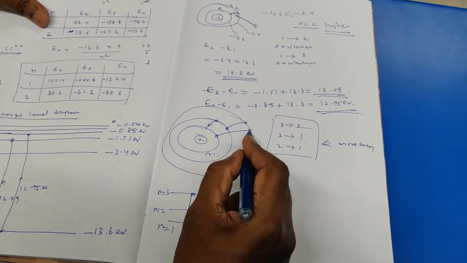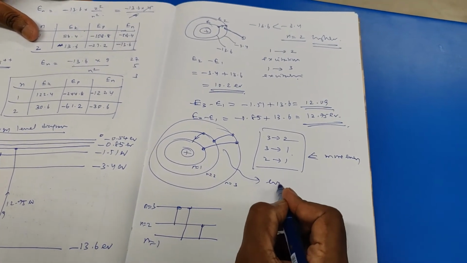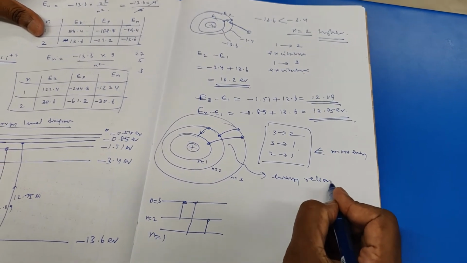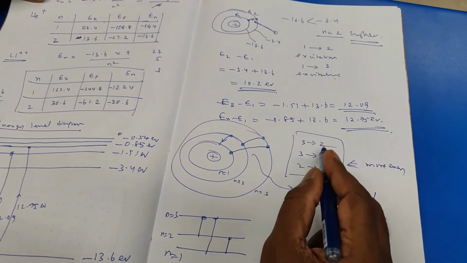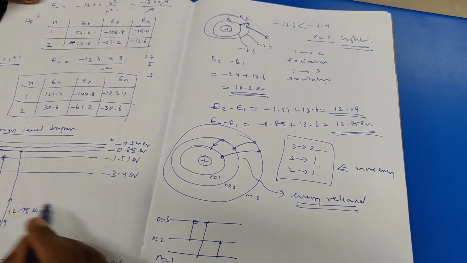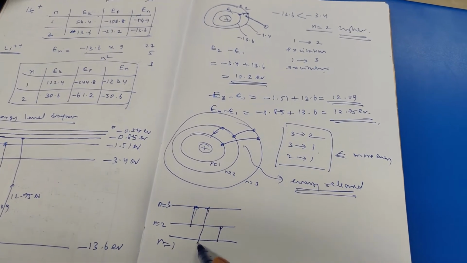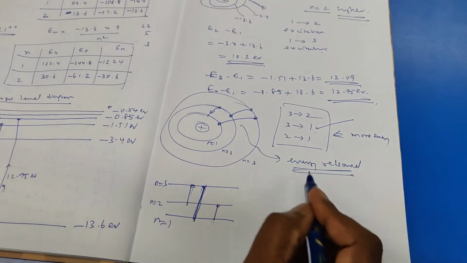Whenever the electron jumps from a higher energy to a lower energy level, energy is radiated, energy is released by the atom. Which has more energy? If that is the question, you have to see which has more gap. Is it 3 to 2, 3 to 1 or 2 to 1? It is actually 3 to 1. So you have to say this has more energy.